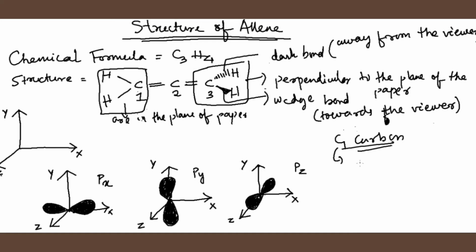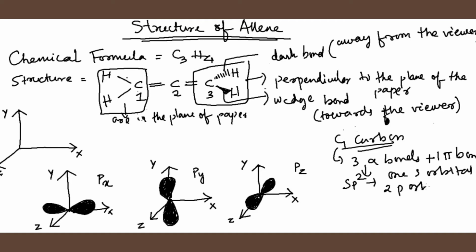In this carbon, as you can see, there are 3 sigma bonds, 1, 2 and 3, and 1 pi bond. So what will be the hybridization? The hybridization will be sp2, where 1 s orbital and 2 p orbitals are involved. So now we have to know which 2 p orbitals will be involved in the hybridization of this C1 carbon.